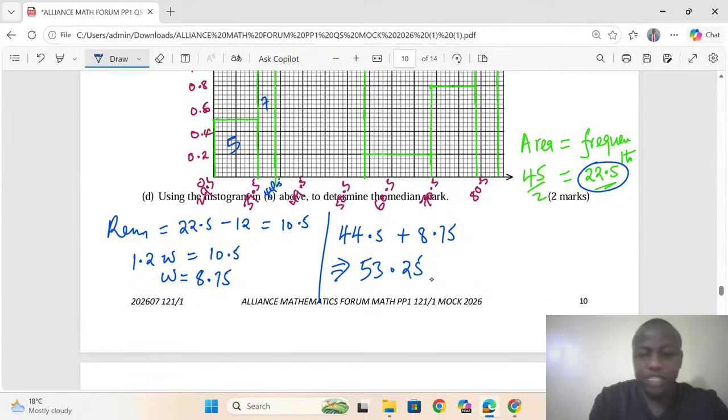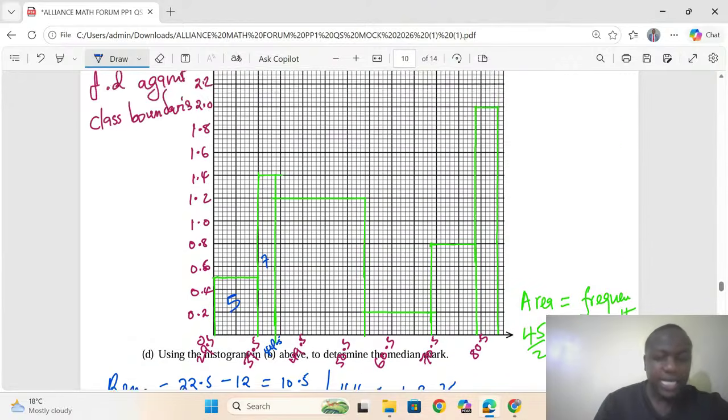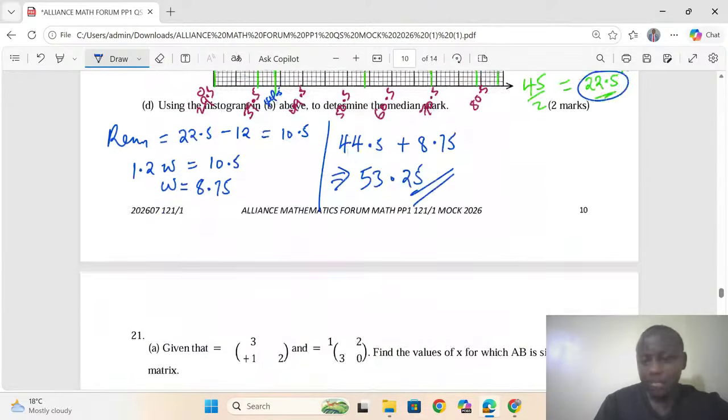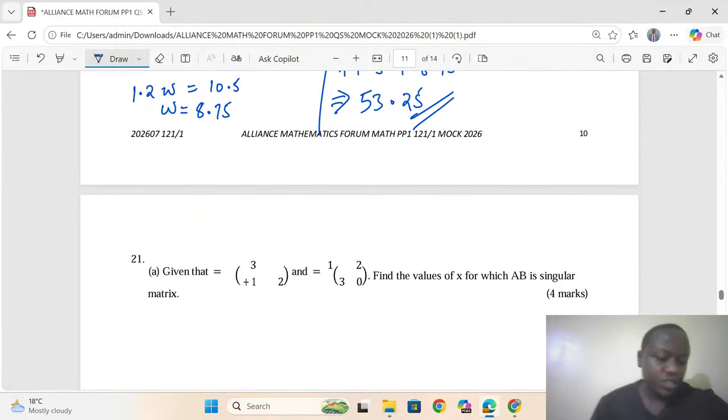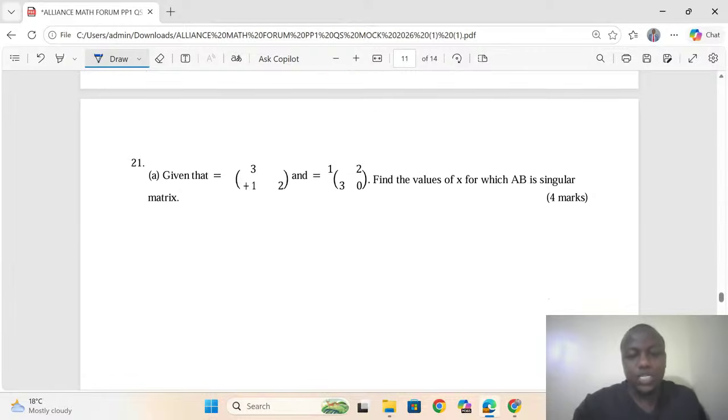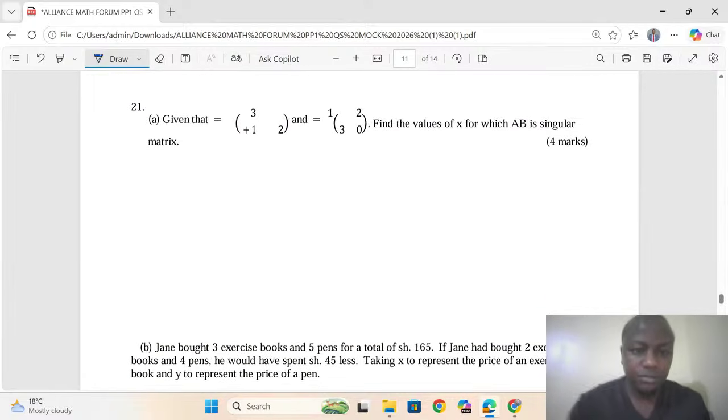You can even use the formula for finding the median, and you will find that the median is exactly the same value. So that was the simple question on statistics.